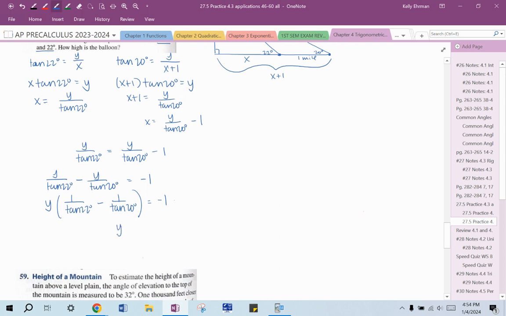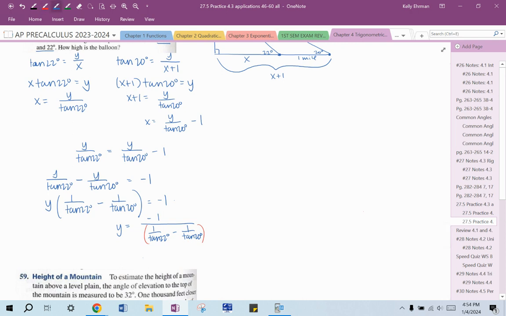So again, that should be a little bit familiar because we did do it back with logarithms, but I know it's been a while. And it looks a little scarier with trig, but we've got calculators. So the rest of this is just me typing this into my calculator. So I do have to be careful with parentheses. Remember, you've got to tell the calculator that all of this is in the denominator.